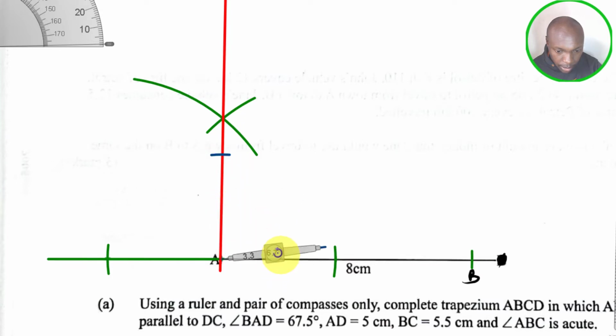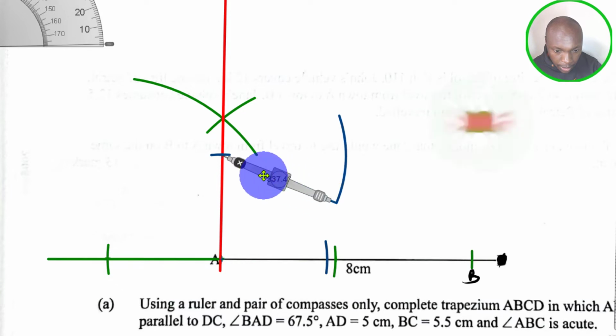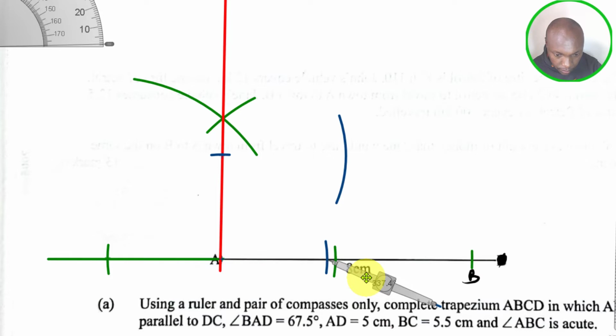Then I'll mark another arc here, bisecting that angle. Then standing on this arc that I made here, I can mark another arc there. Then with the same radius without adjusting it, I stand on that arc, then I cut that arc. Now that is how you bisect.